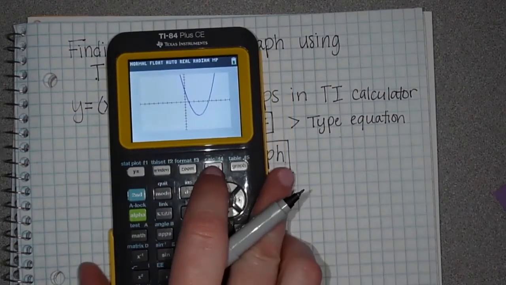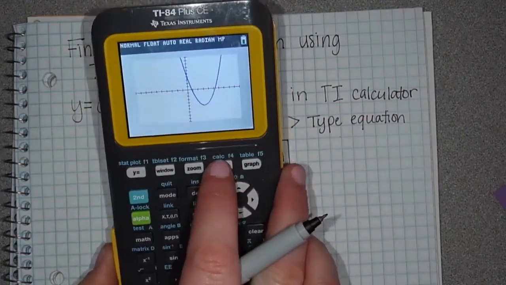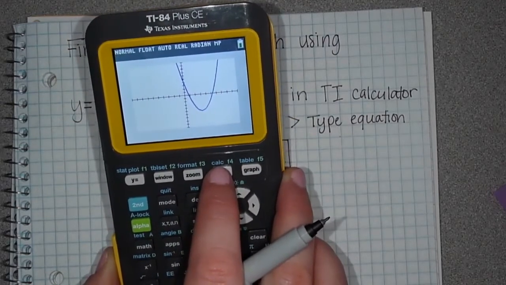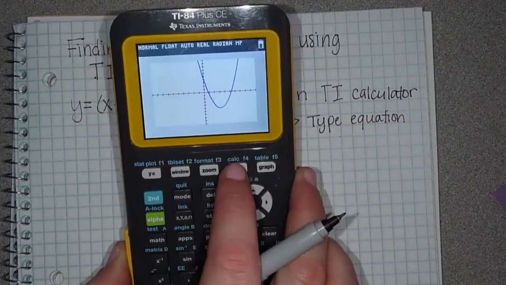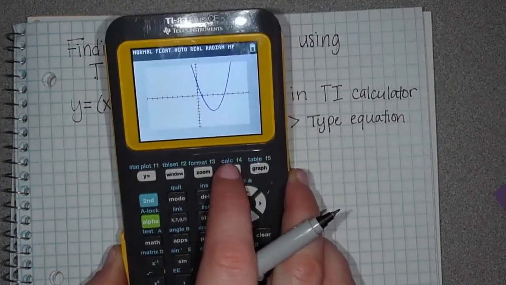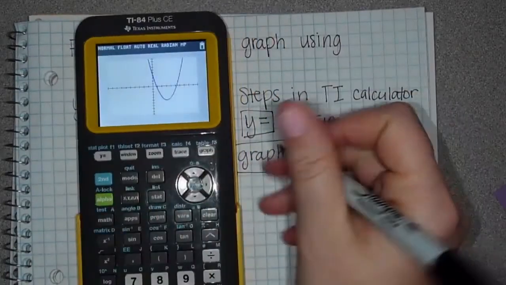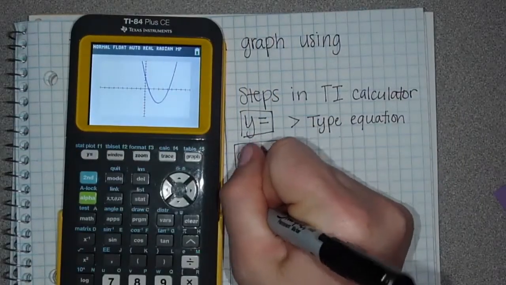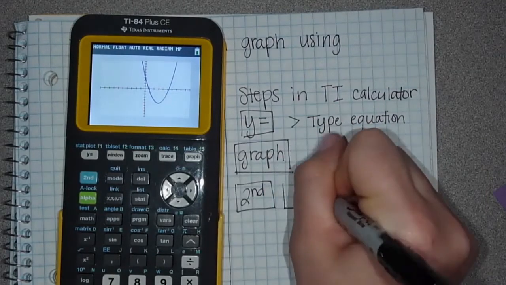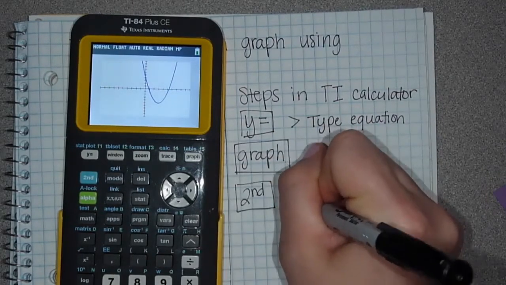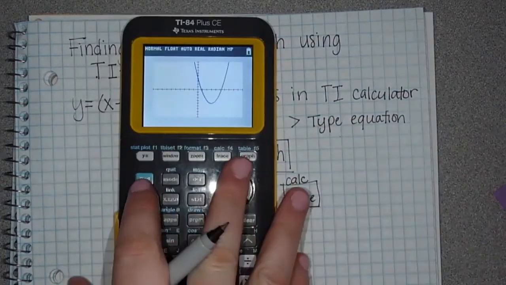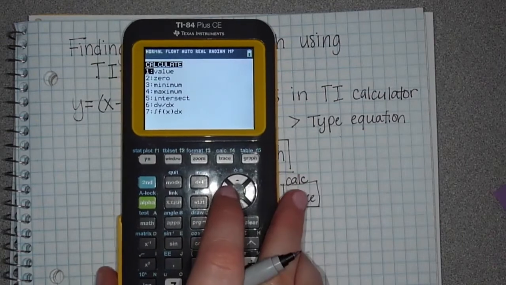Now, notice right below the screen, see how it says CALC right there in blue? That stands for calculate. Notice that it's in blue text, so you have to hit the blue button, the second button. So you're going to hit second, and then trace, which is calc. Second trace.